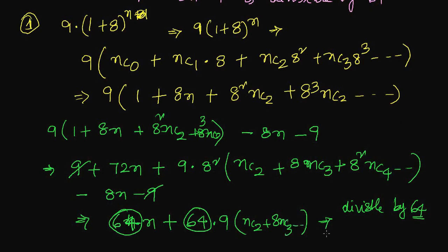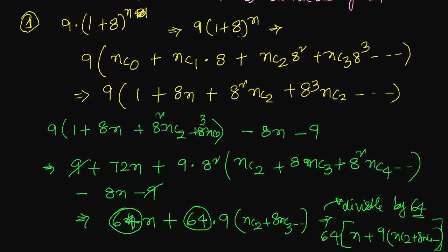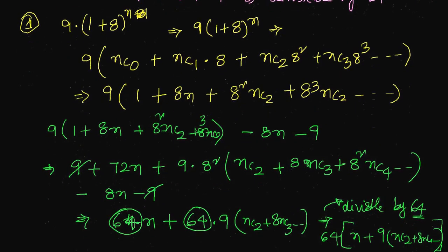Now if I take 64 common, 64 into n plus 9 into this whole stuff, nC2 plus 8 nC3 and all that, you can see 64 into this whole thing, that means it's divisible by 64. Another way you can do is, instead of 9 into (1 plus 8) whole to the power of n, you can take directly 9 to the power of n plus 1.